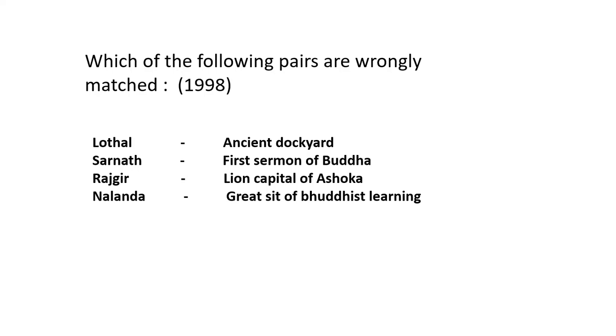Sarnath, as we have seen a few moments before, is the place where the first sermon of Buddha happened. It is true. And Rajgir is matched with the lion capital of Ashoka. It is wrong, because we have seen that the lion capital was present in Sarnath, Rampurva and Lauriya Nandangarh, but not in Rajgir. Then Nalanda is also a Buddhist site of learning.